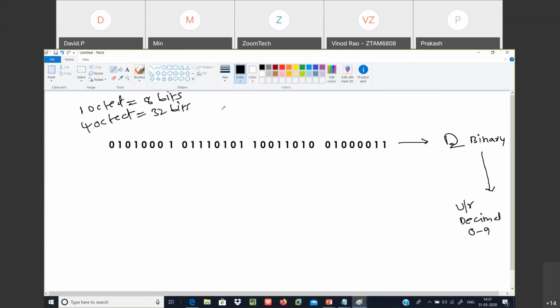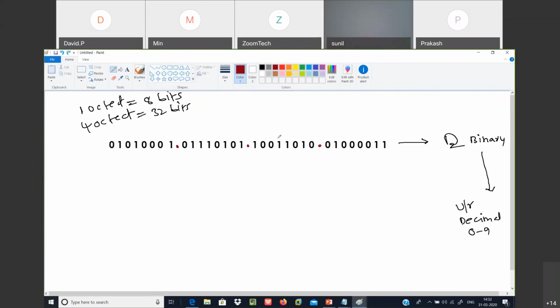Each octet, first, second, third and fourth, is separated by a dot: first 8 bits, dot, second 8 bits, dot, third 8 bits, dot. By seeing the dot, my device can understand it's the first octet, the second octet, the third octet.